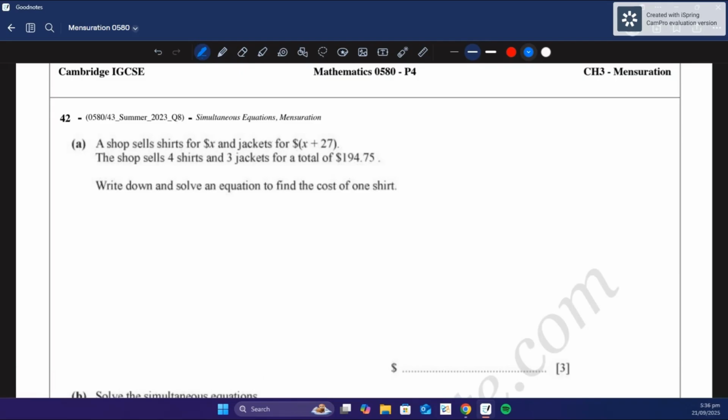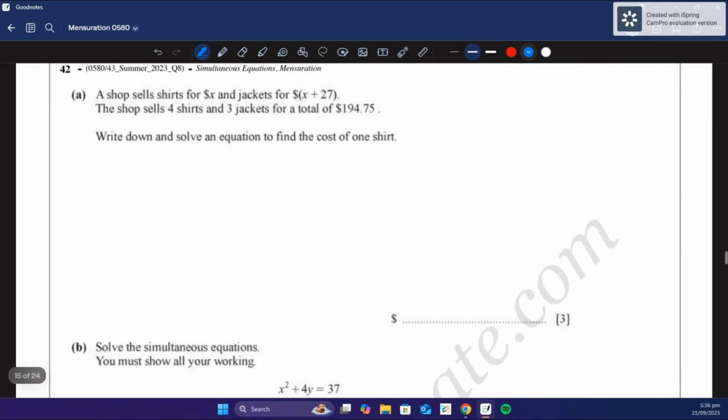Question number 42. A shop sells shirts for x dollars and jackets for x minus 27. A shop sells four shirts. Write down and solve an equation to find the cost of one shirt. That's pretty simple. We're going to say 4x plus 3 times (x minus 27) equals 194.75.